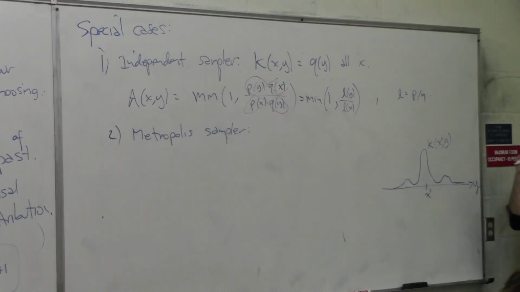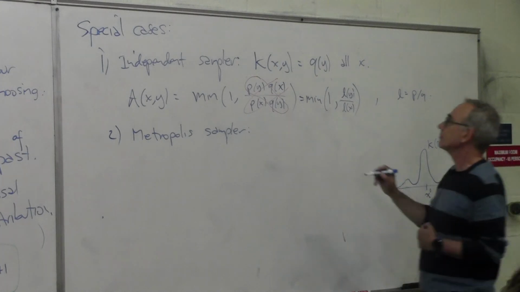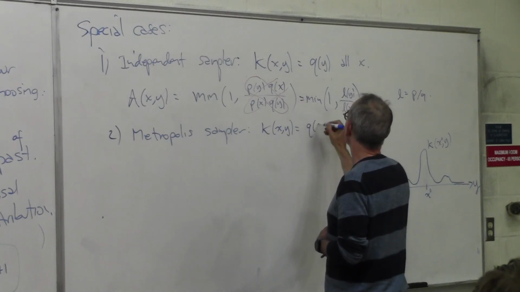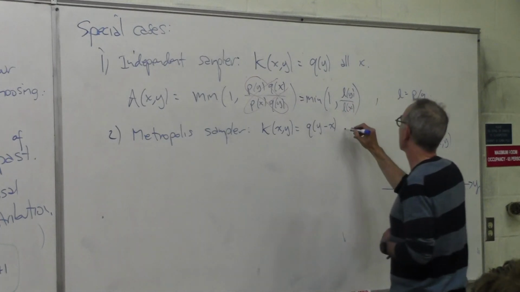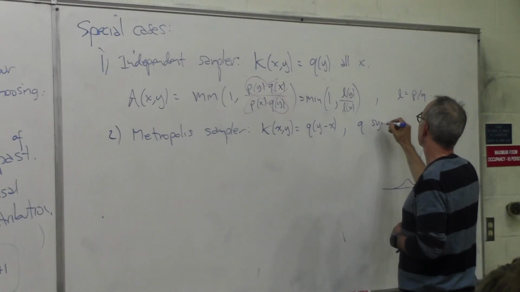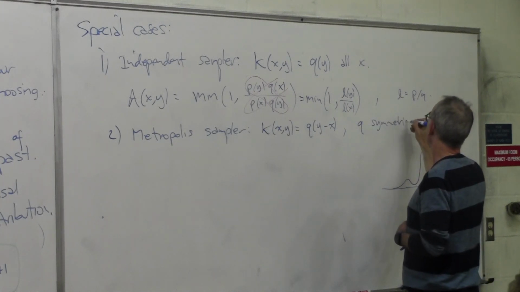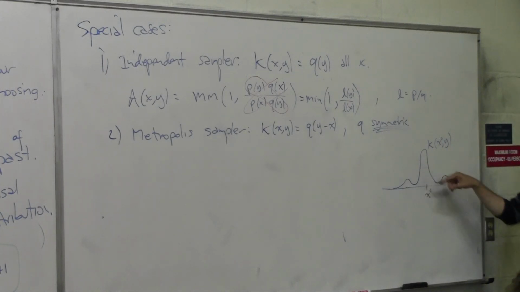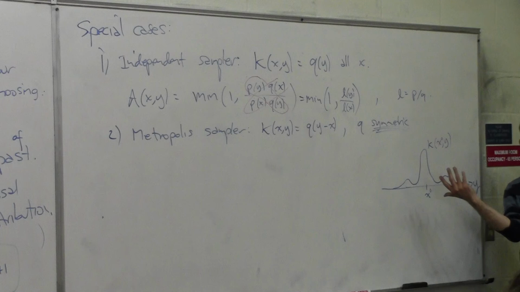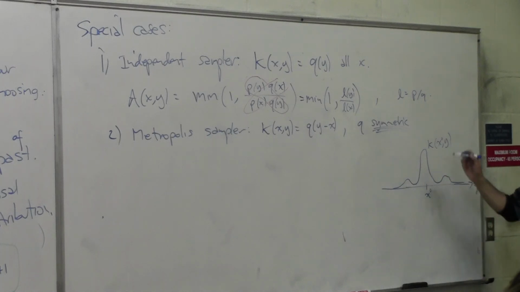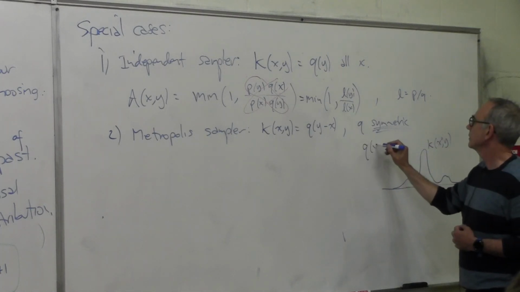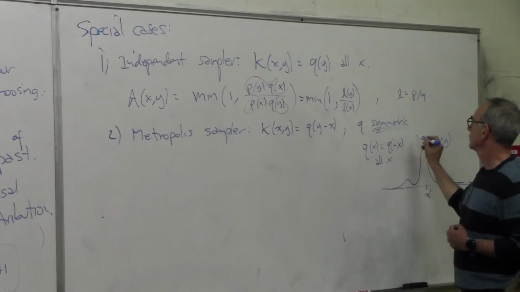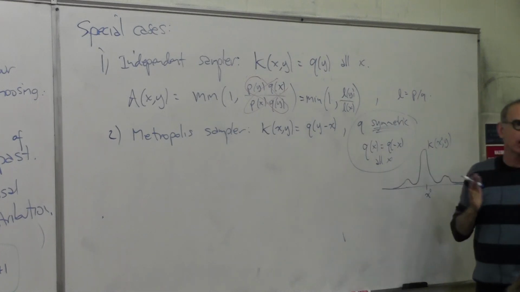Those two things are crucial. And so this is symmetric. I try to make it so if I flipped it on the vertical axis, it'd be true. And by symmetric, I just mean that q of x equals q of minus x. And that's called the Metropolis sampler.